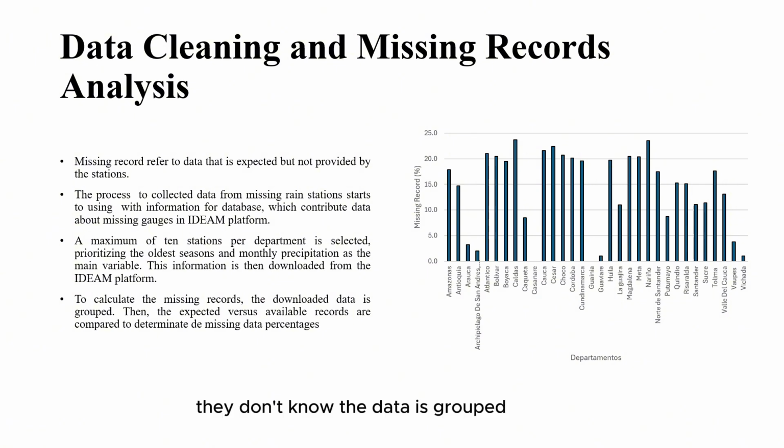The downloaded data is grouped. Then we compare the expected and available records to determine the missing data percentages. In this presentation, there is a graph that compares the percentage of missing records across Colombian departments.